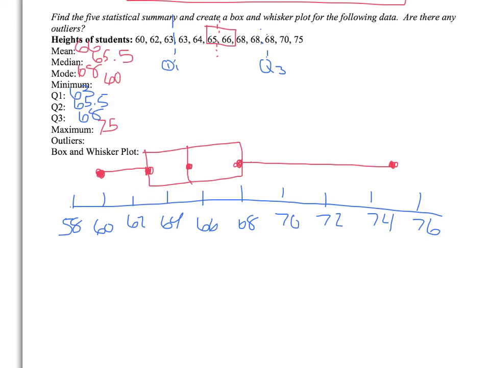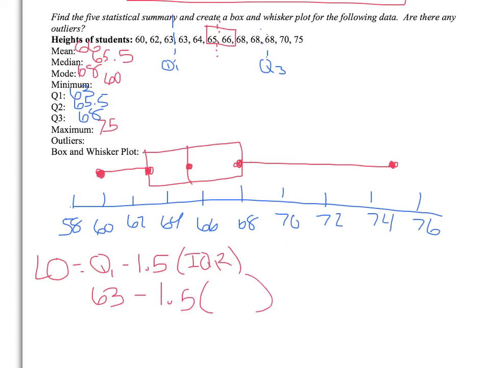Finally, for outliers, to find a lower outlier, I'm going to abbreviate LO. What you do is you take Q1 and subtract 1.5 times the interquartile range. So in this case, it'll be 63 minus 1.5 times, and we didn't find the interquartile range yet.